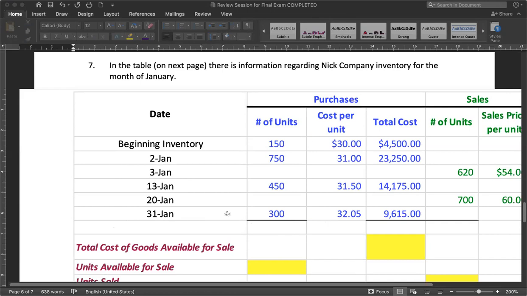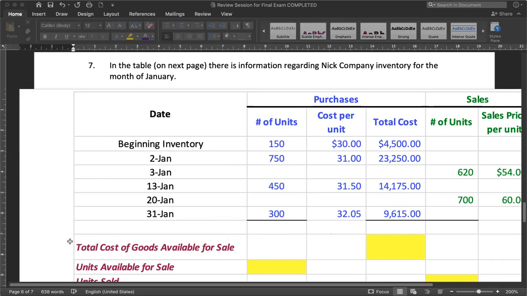So therefore, the units that were in ending inventory is 330. All right, now what we need to figure out is what was the cost of these 1,320 units and what was the cost of the 330 units left in ending inventory.